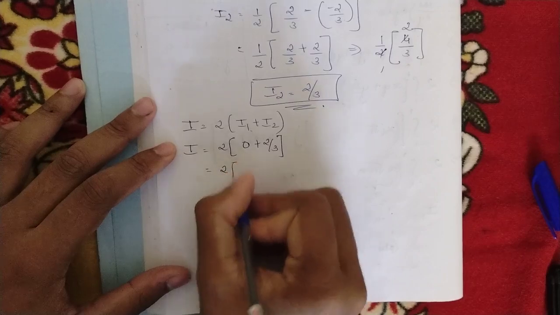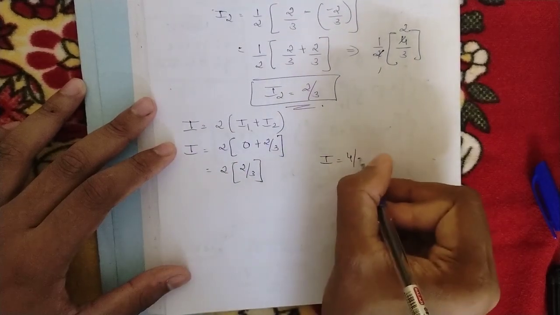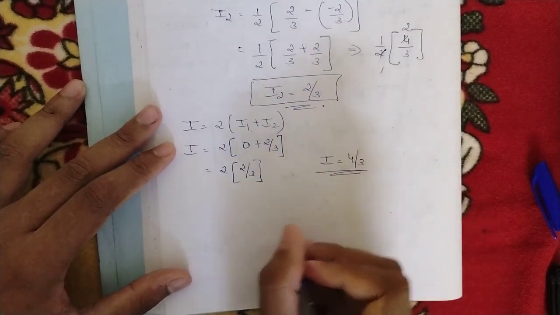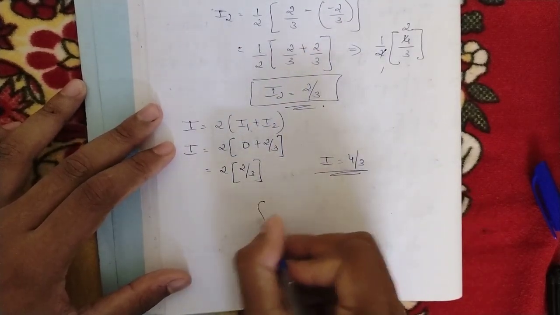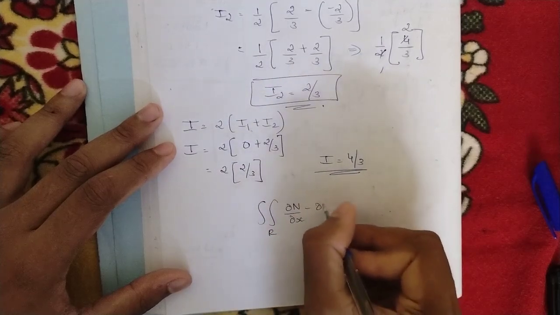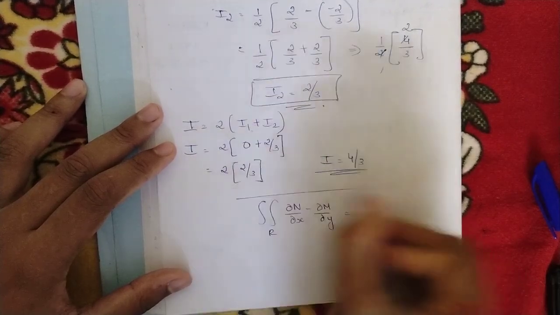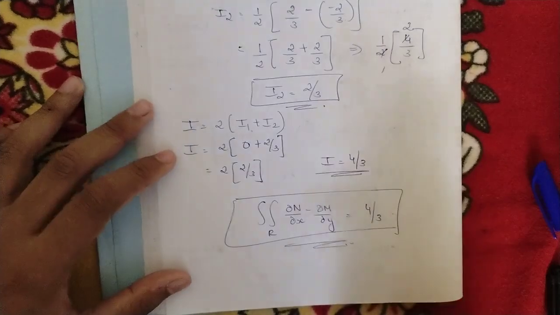So 2 into 2 by 3. So the value of I is equal to 4 by 3. So our final answer is 4 by 3 units.